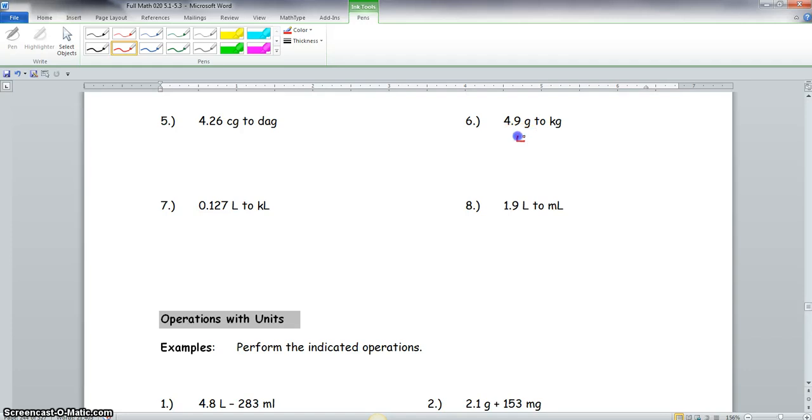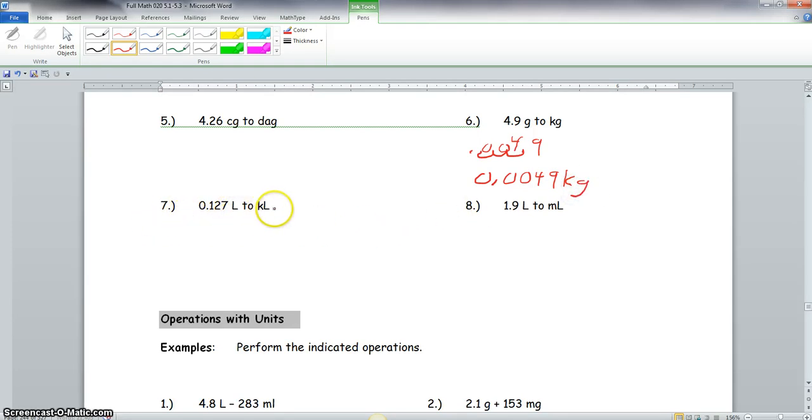So we will have 4.9. And we need to move 3 places to the left. 1, 2, 3. So our final answer, we'll put these zeros here, and we know our decimal will be here. So our final answer would be 0.0049 kilograms.